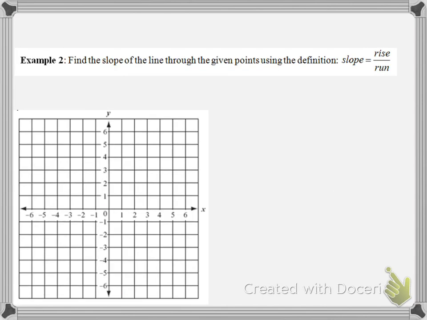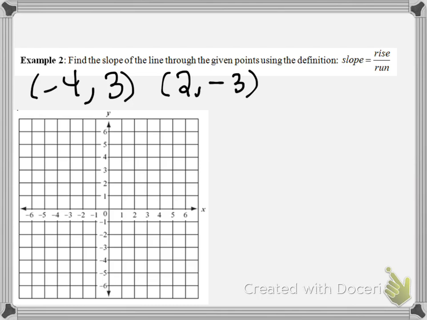Let's pick a different point. Let's say -4, 3. And let's find the slope of -4, 3 and 2, -3. So let's plot those points. Go over to -4, start at the origin, and then go up 3.